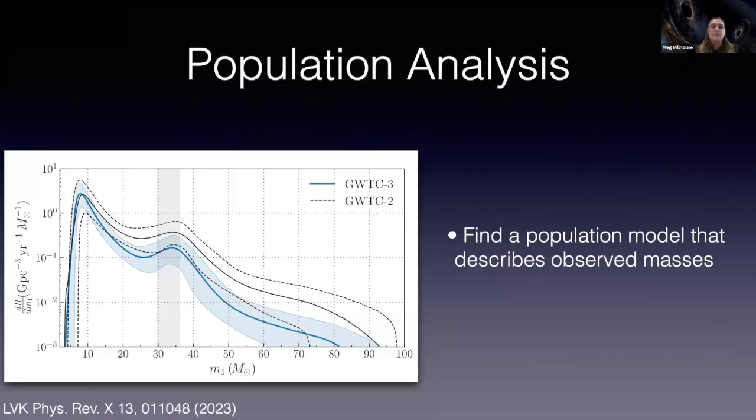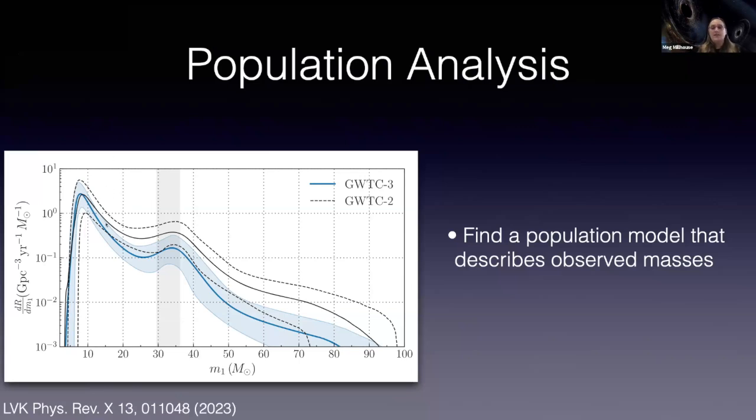And so by combining these detections and these measured masses, as well as some other parameters, we can try to find a population model that describes, in this case, the distribution of masses of the black holes in these binaries.